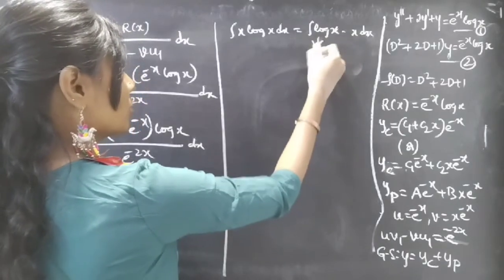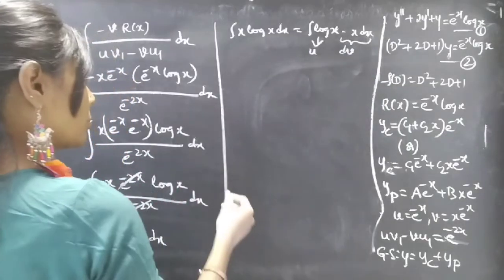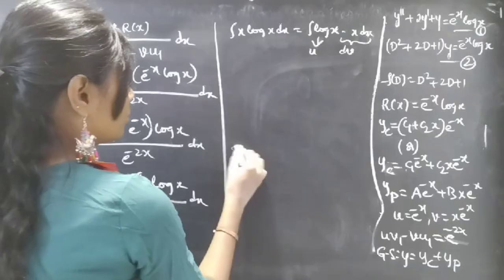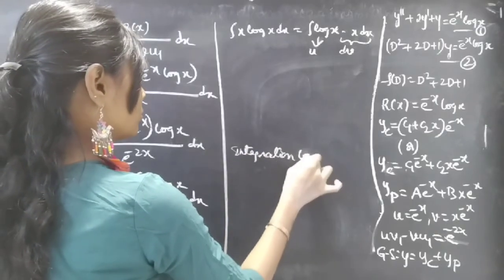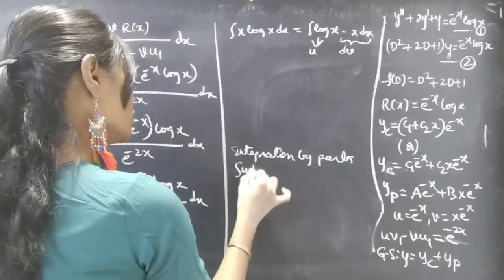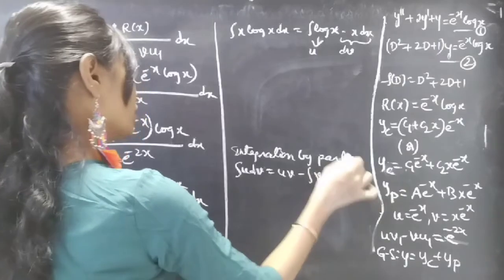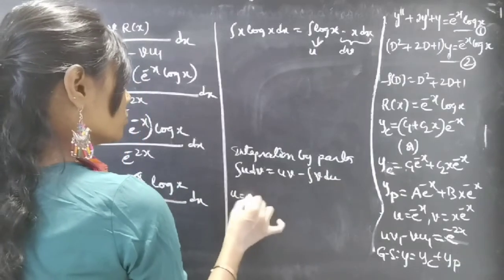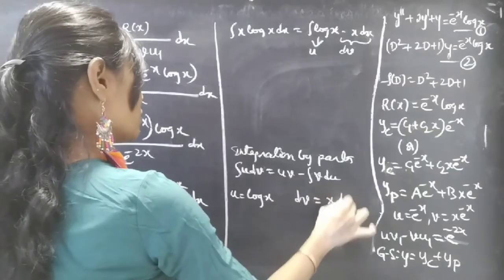So consider the logarithmic function as u and the remaining part as dv and apply the integration by parts formula: integral u dv equals uv minus integral v du. Okay, we have u equal to log x and dv equal to x dx.